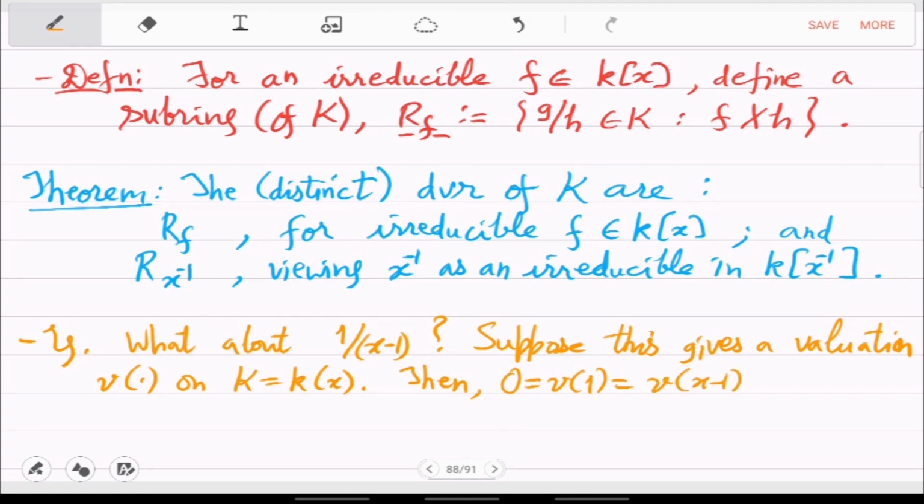But you got v of 1 equals 0. That should be a contradiction, right? Units can't have 0. Units are 0. Yes, units are of course 0, which means valuation of x minus 1 should be 0.